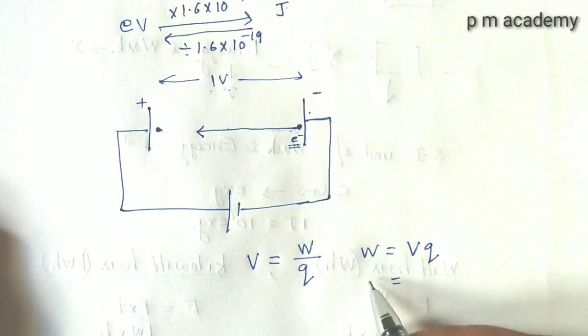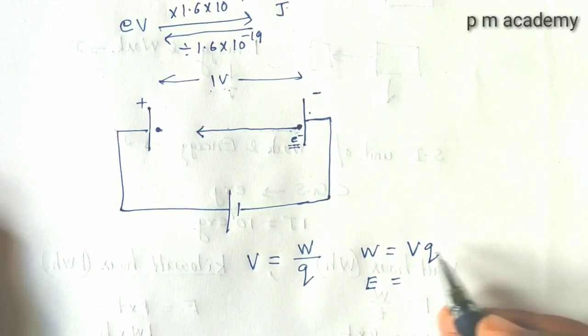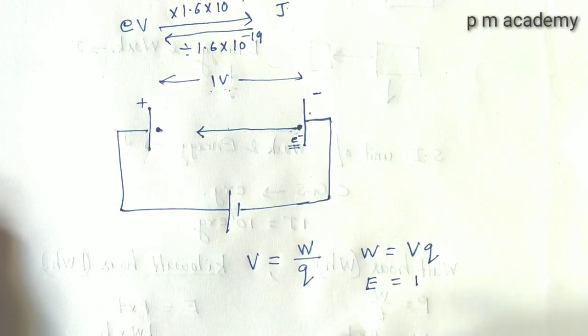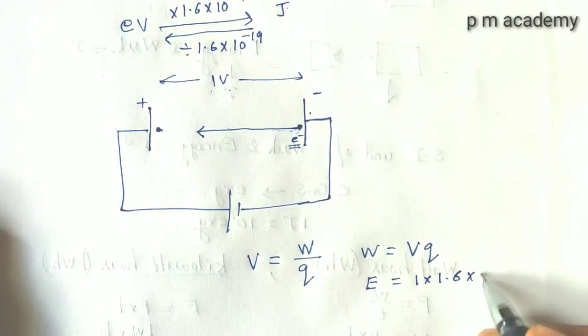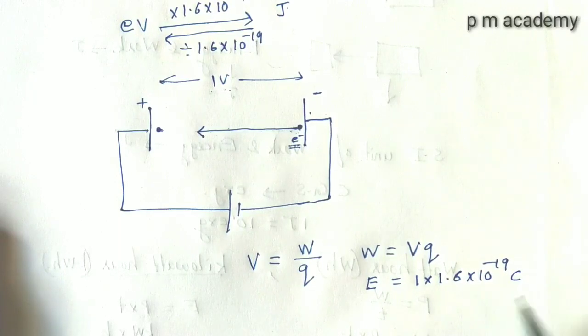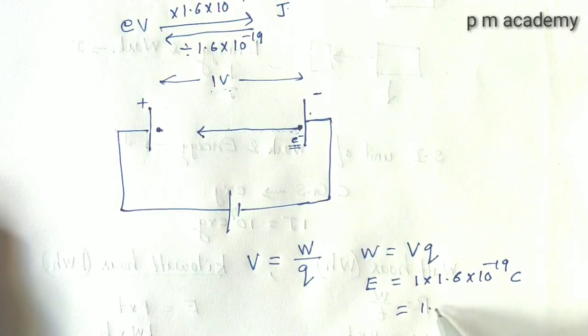Here W is also known as E, energy. Here V is equal to 1 volt. Charge Q is the charge of the electron, 1.6 into 10 raised to minus 19 coulomb. That is 1 into 1.6 into 10 raised to minus 19, that is 1.6 into 10 raised to minus 19 joule.